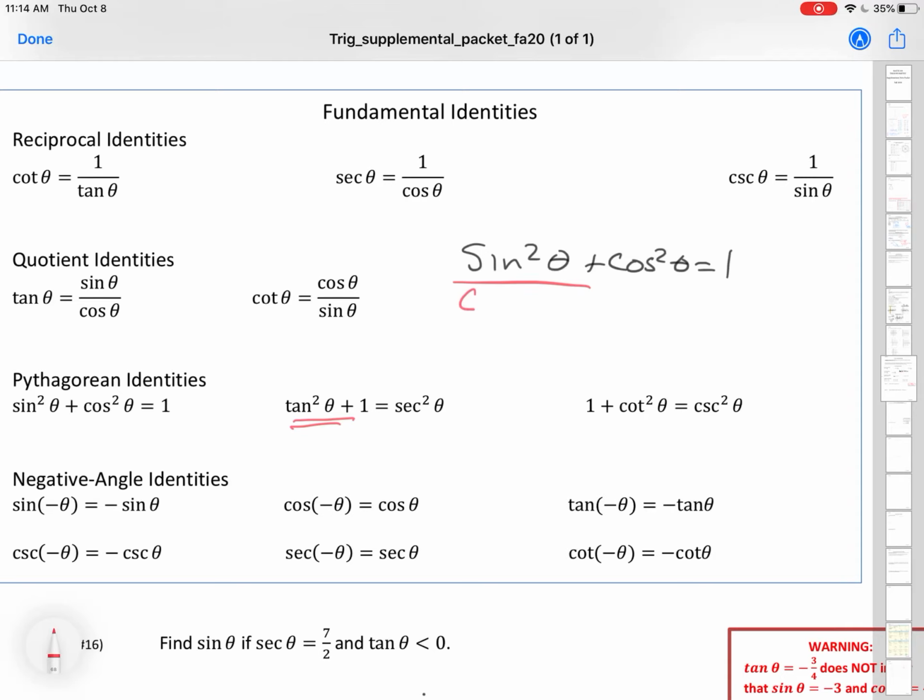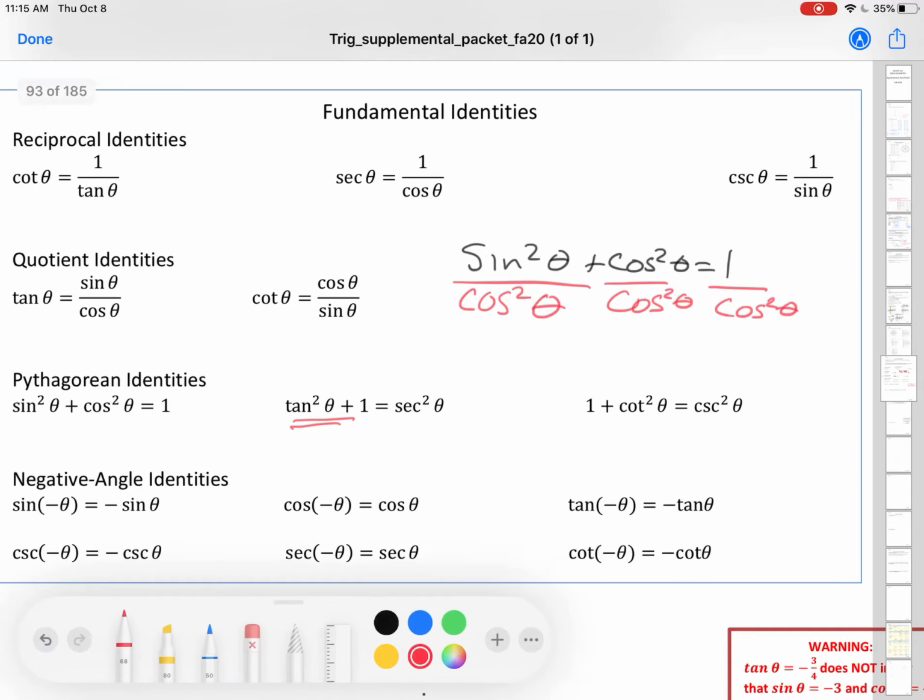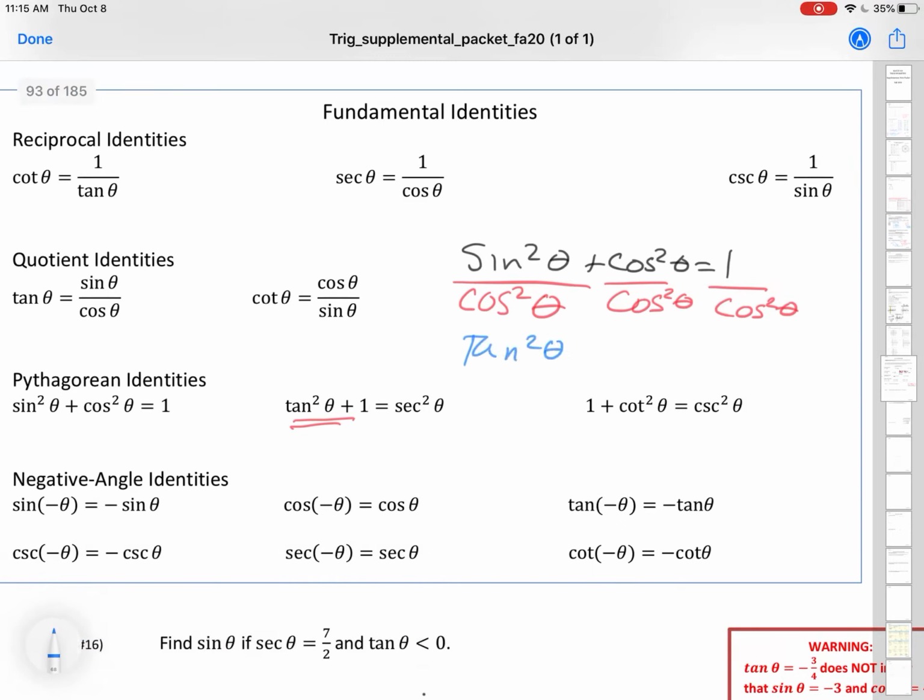I know tangent is sine divided by cosine. So tangent squared is sine divided by cosine, squared. So if I just do the same thing to every term, which we know from our pre-algebra days, reinforcing that algebra yields the same equation, same solutions. Sine squared divided by cosine squared, what's that? That's tangent squared.